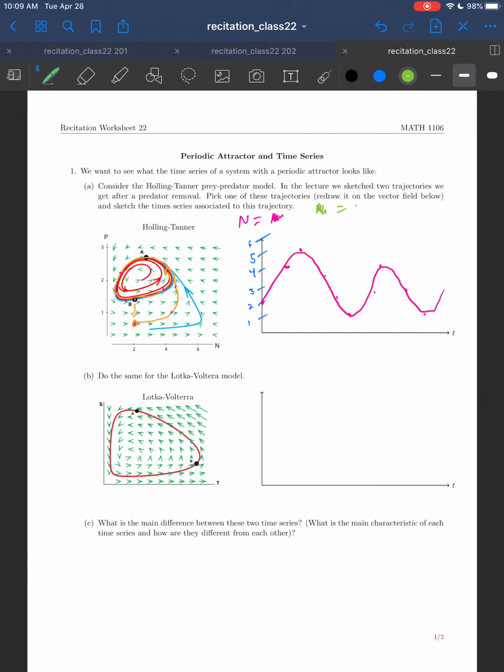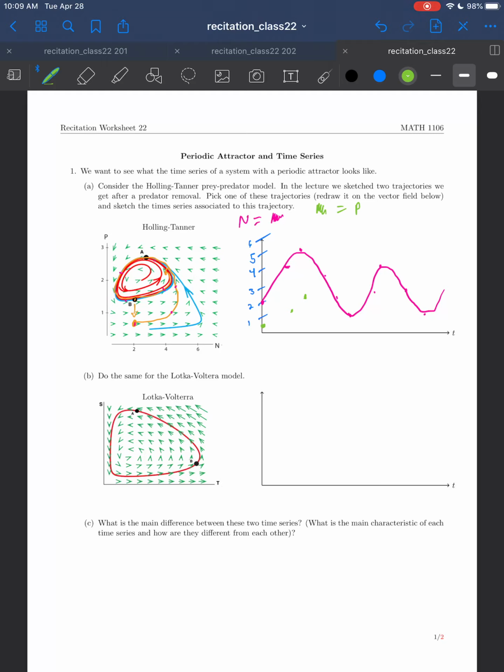Okay, and then we will draw our other variable, let's say in green. So let's say the green will be the predators. We do the same thing. So we start really below 1. We're going to ignore the units a little bit. And then we increase slowly. So let's say when the prey was at 4, predators are still going to be at just about 1. When we peak here, we'll be just over 1.